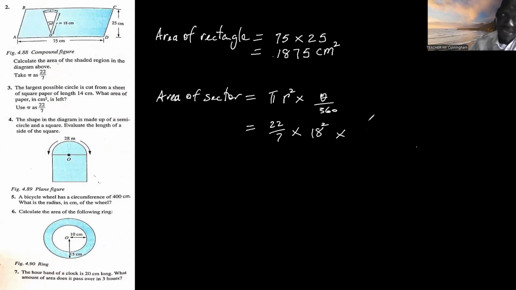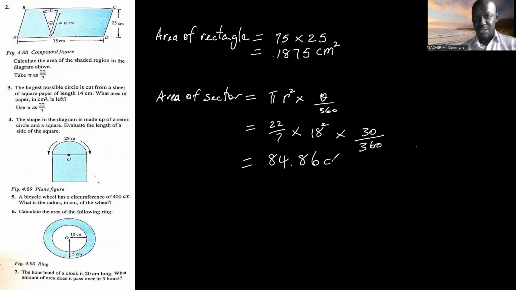How much is the angle in question 2? Watch it carefully, tell the class. So 30 degrees, correct, very good. So that's 30 over 360, and that is 84.86 centimeters squared. All right?